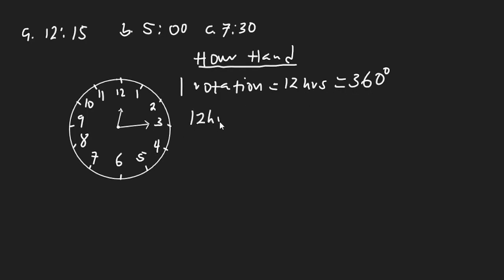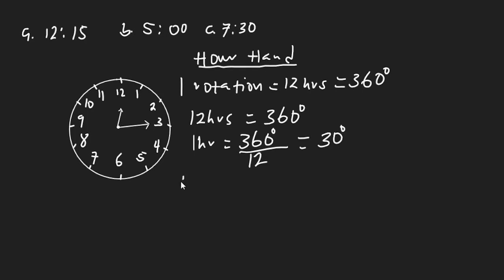So 12 hours is equal to 360 degrees. In terms of an hour, we're having 360 degrees divided by 12, and this is giving us 30 degrees. So therefore, 1 hour is giving us 30 degrees. So when the angle moves from here to here, 1 hour is giving us 30 degrees.